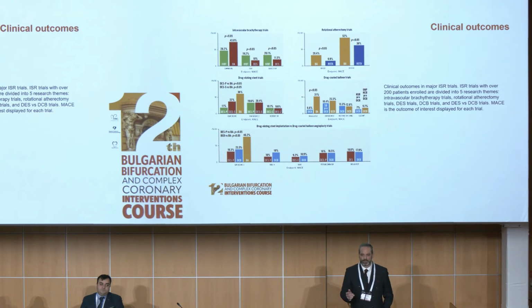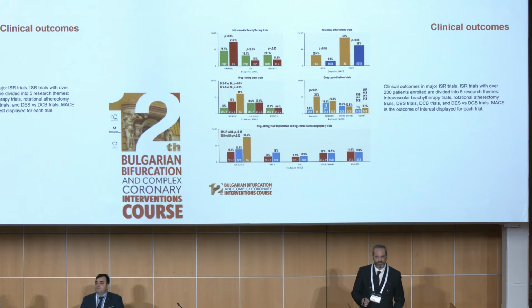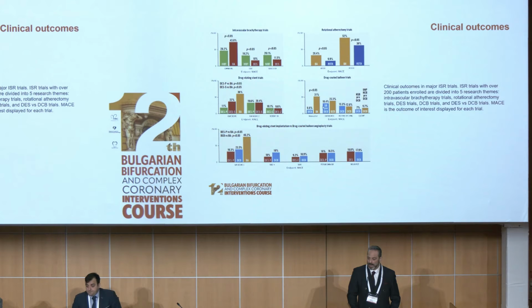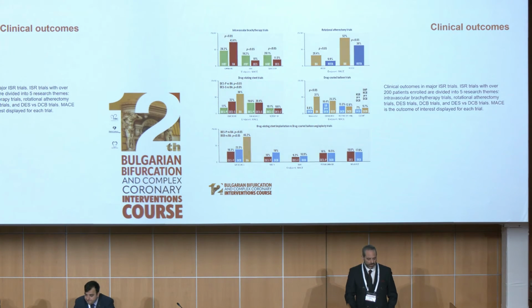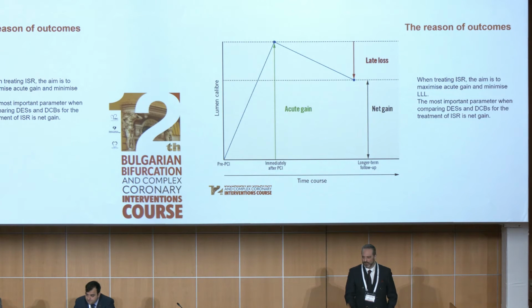I remind you that drug-eluting stent for in-stent restenosis is class 1E. And about drug-coated balloon trials, we saw here the clinical outcome. So which is the preferred strategy?